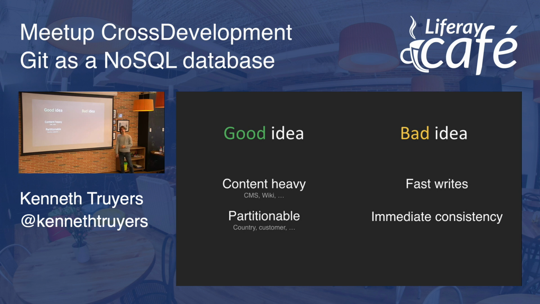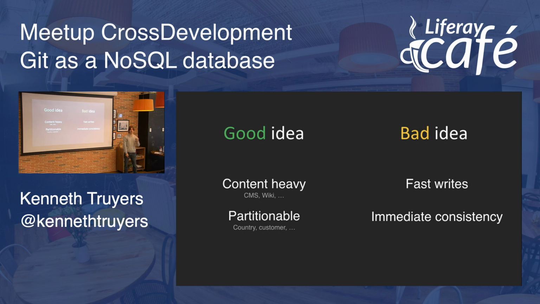When do I think it's a bad idea? And a small disclaimer, I think mostly it's a bad idea. There are only a few use cases where this is really a good solution. It's a bad idea when you need fast writes, because of what I mentioned before, you really can't do that. And when you need immediate consistency. Before, when I talked about queries, I talked about having the write side only write to Git, and on the read side, read from a different store.